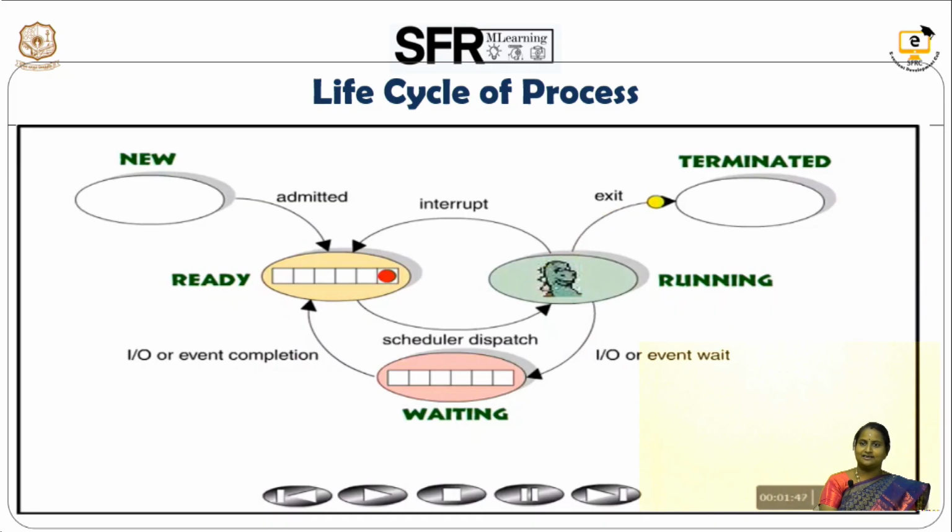It is illustrated clearly, and then comes the remaining process, the red process. It got the CPU time and is currently in the running state, doing its execution. After its execution, it is sent to the termination state. Like this, the process will continue its execution until it reaches the termination state.